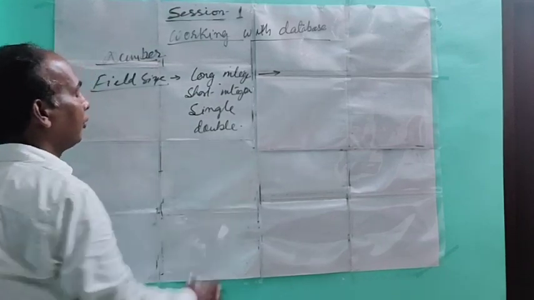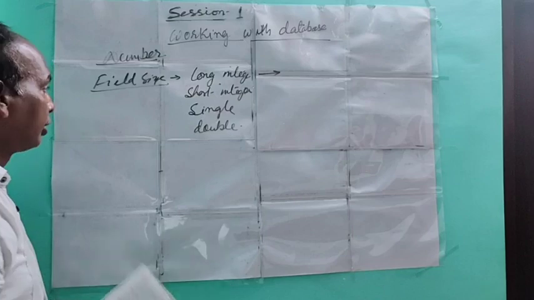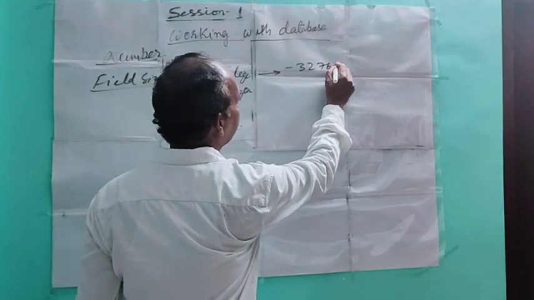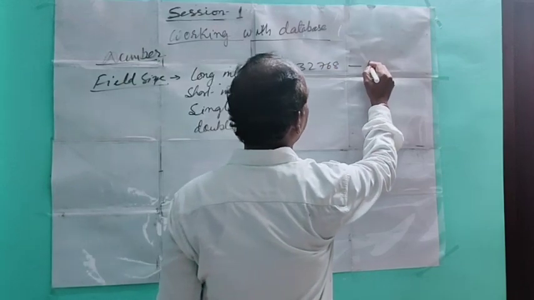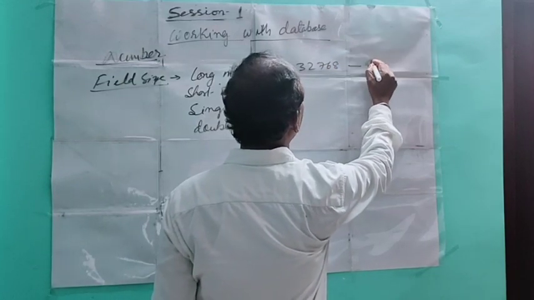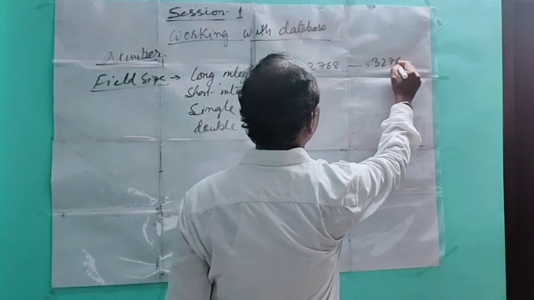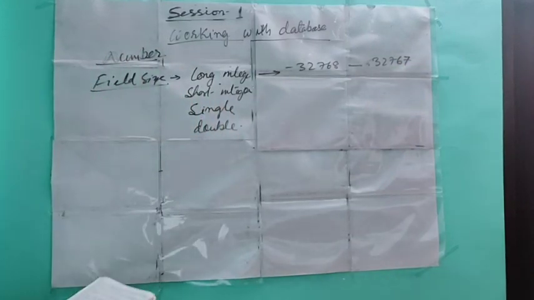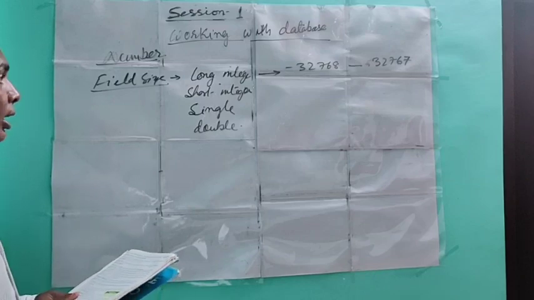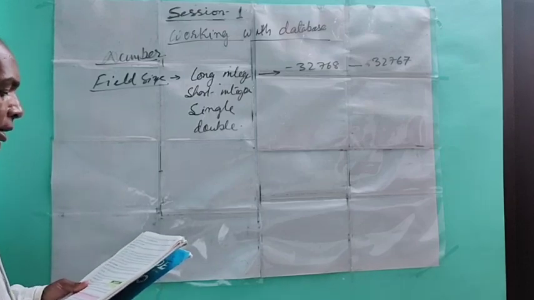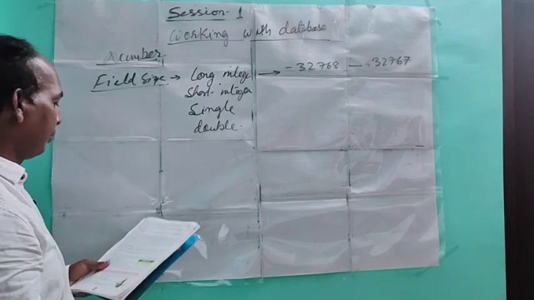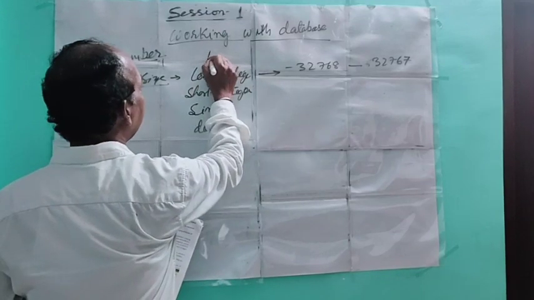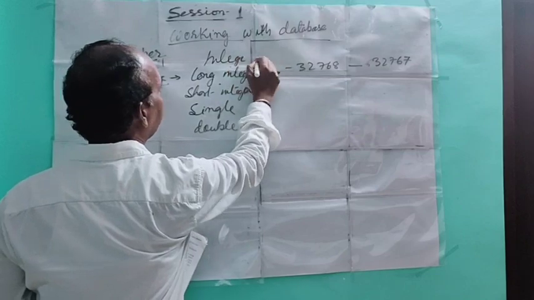The range of the integer is -32768 to positive 32767. This is the integer.